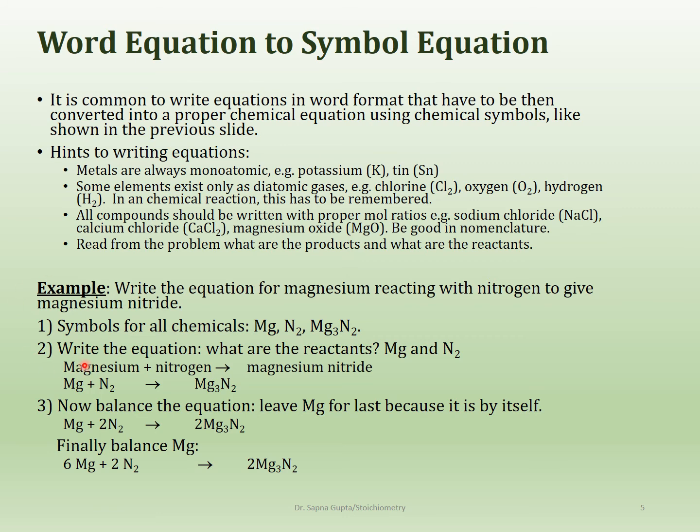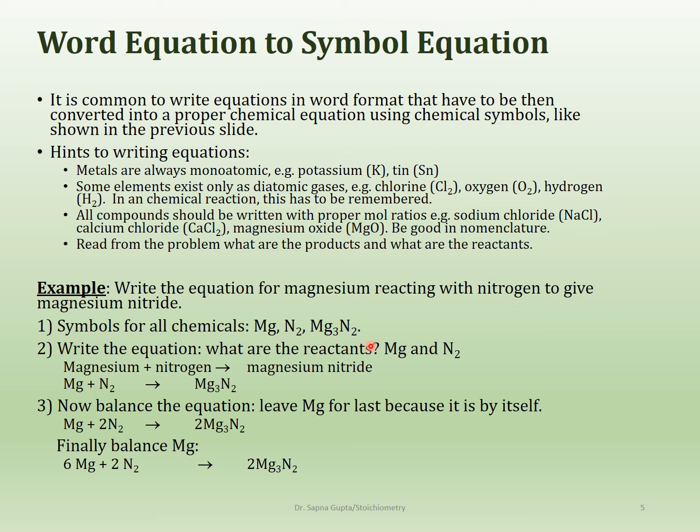So here is an example of writing an equation. Write the equation for magnesium reacting with nitrogen to give magnesium nitride. The first thing I would do is write all the chemical symbols out. Magnesium is Mg, nitrogen is N2, and magnesium nitride is Mg3N2.